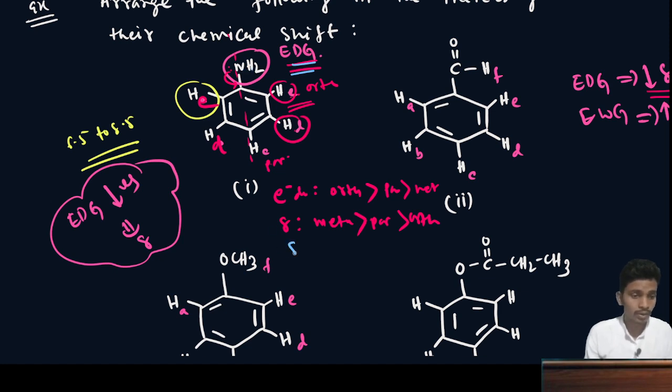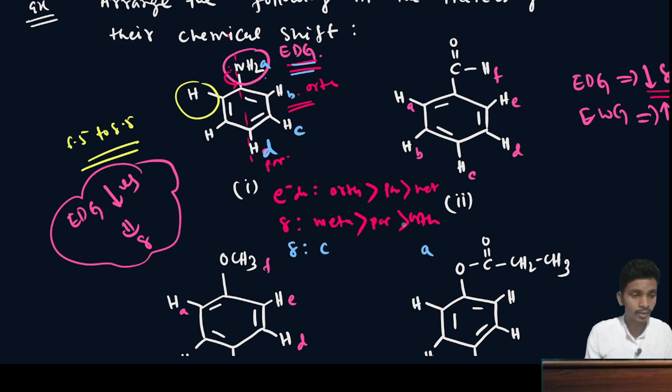Let's give the names here. Let's say this is A, this is B, this is C, and this is D. Then A will be the lowest and C will be the highest.